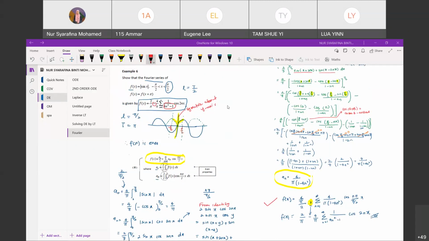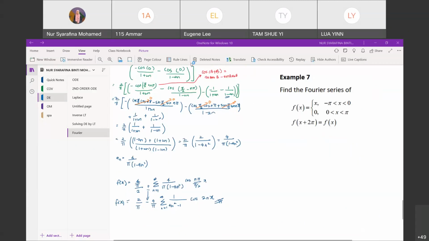Okay, example 7 here. Identify L, identify T, and identify the shape of the graph to determine whether it is even, odd, or neither. What is your T? T is easy, but usually T is not given.